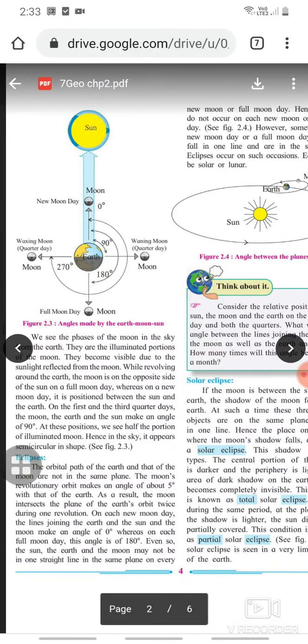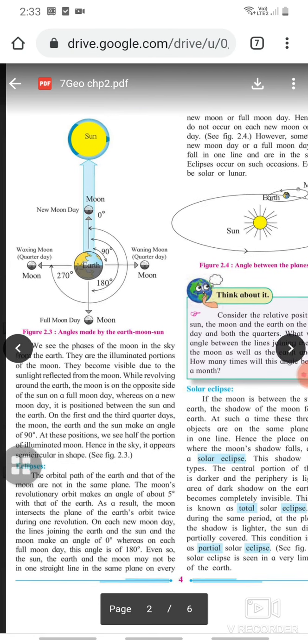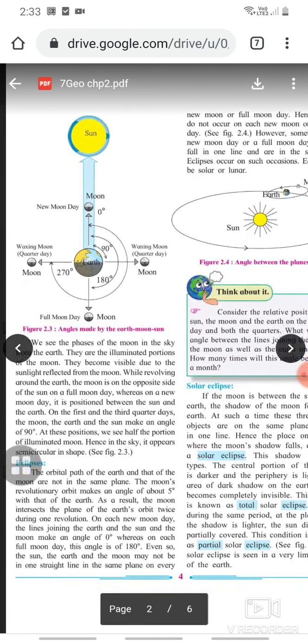We see the phases of the moon in the sky. From the earth, there are illuminated portions of the moon. They become visible due to the sunlight reflected from the moon. While revolving around the earth, the moon is on the opposite side of the sun on a full moon day, whereas on a new moon day, it is positioned between the sun and the earth.